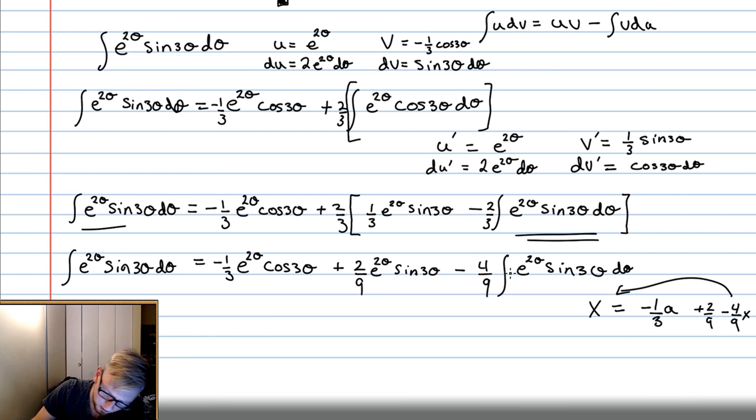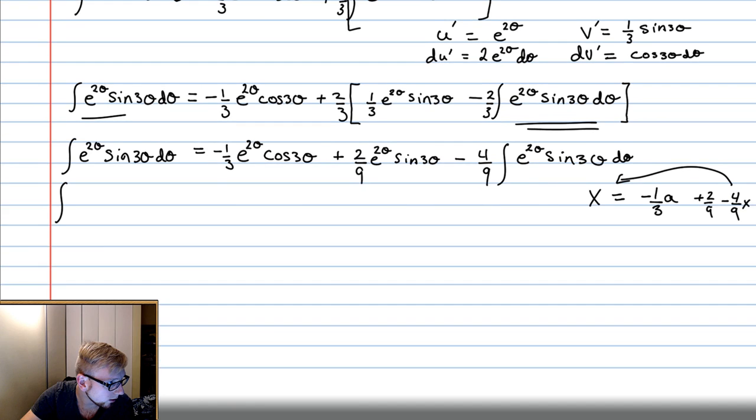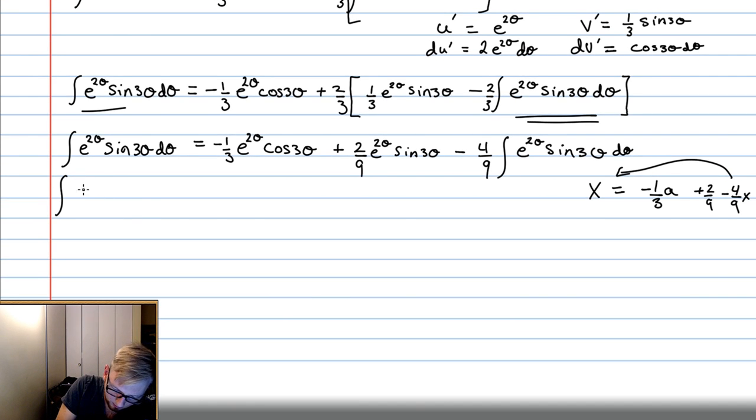So if we take this over, this would be the integral. And now I'll draw my screen down so everyone can see. e to the 2 theta sine of 3 theta d theta. Bring this over, 4 over 9.